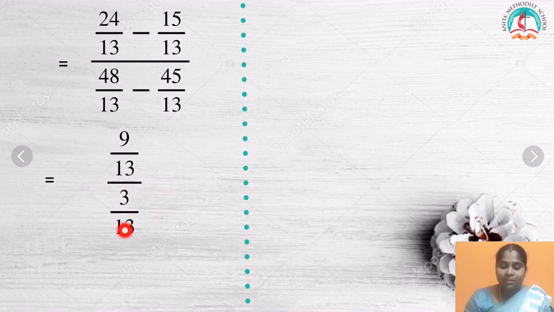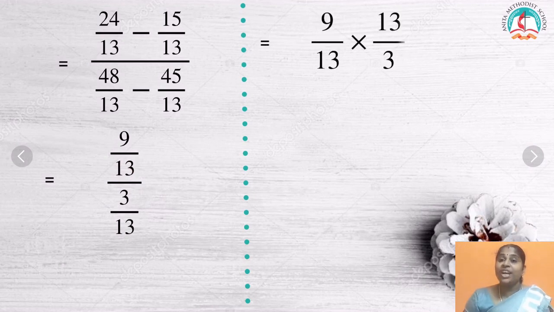So let's take the reciprocal of 3 by 13. The division is changed to multiplication. So 9 by 13 into 13 by 3. Now we can cancel 13 and 13. 9 is cancelled by 3 because 3 3s are 9. So the value is 3.